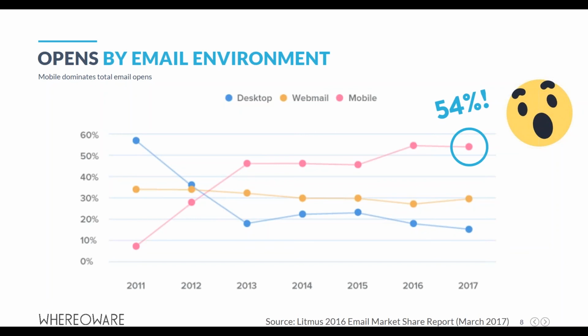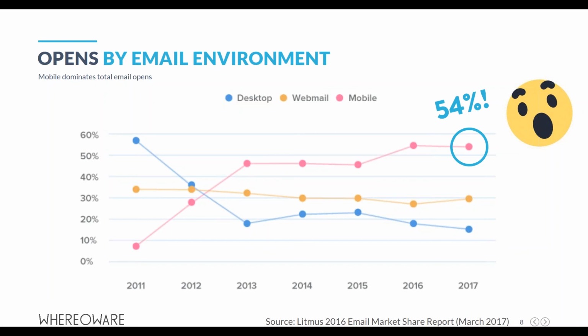You saw a massive jump in the amount of opens that were occurring on a mobile device. Back in 2011, it was less than 10%. In 2013, that jumped to being the predominant medium that email opens were occurring on. And then in the time between 2013 and today, that jumped to over half. So 54% of emails are now being opened on a mobile device.